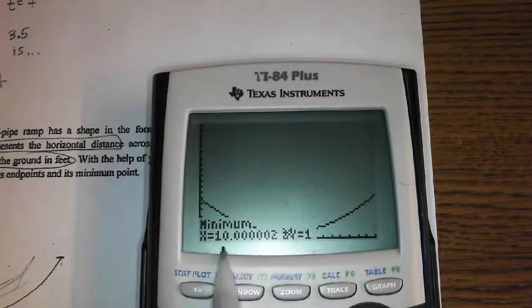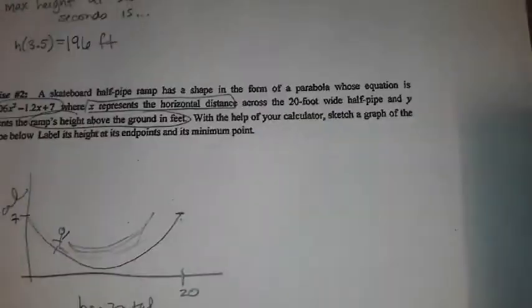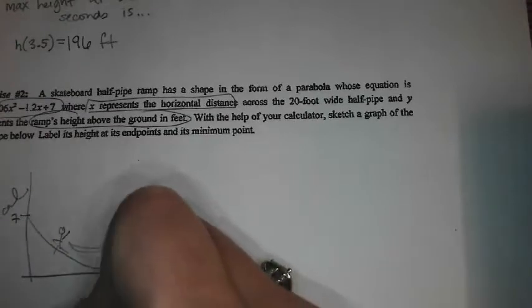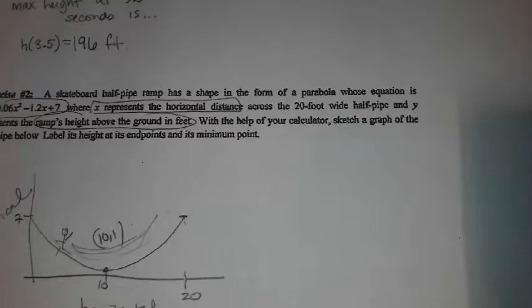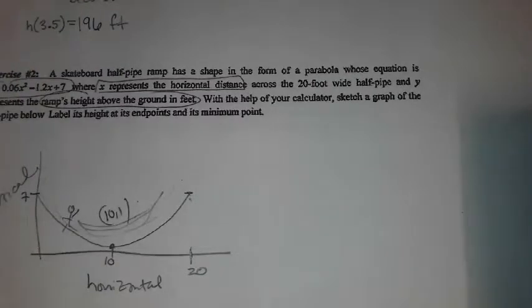And my minimum point is at 10, 1. Okay? So the minimum height off the ground is 1 foot, right? That makes sense because the half pipe has to have some thickness to it. And then that vertex is halfway in between the endpoints. That should make sense.